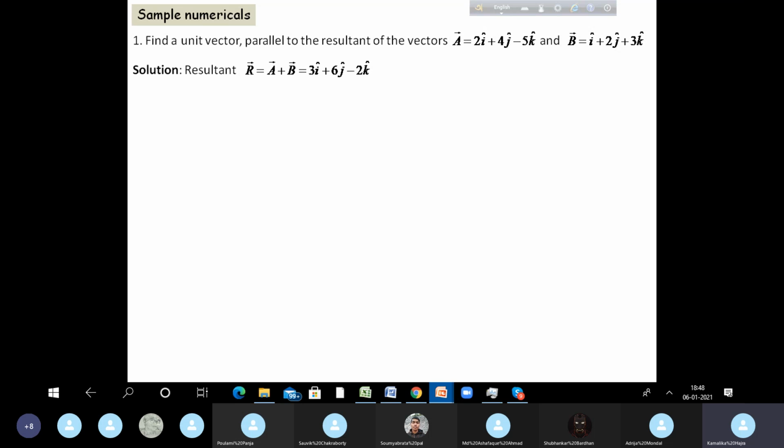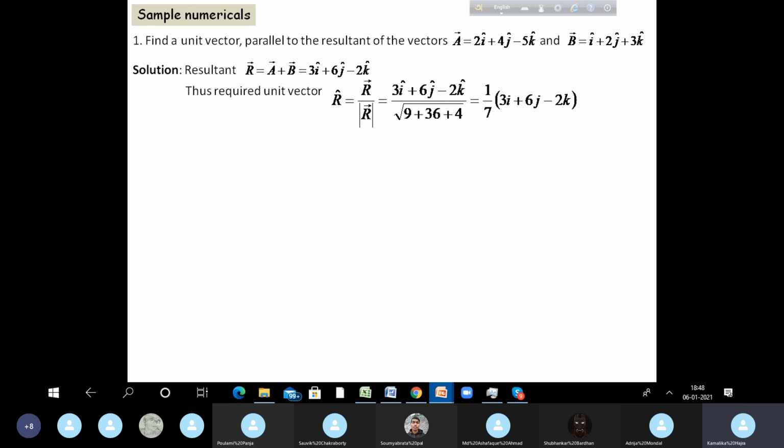The resultant vector R is given by 3i cap plus 6j cap minus 2k cap. So this is the required unit vector. You find the resultant and then you find the unit vector along that direction. So a very simple problem, but nevertheless a problem that might be given.